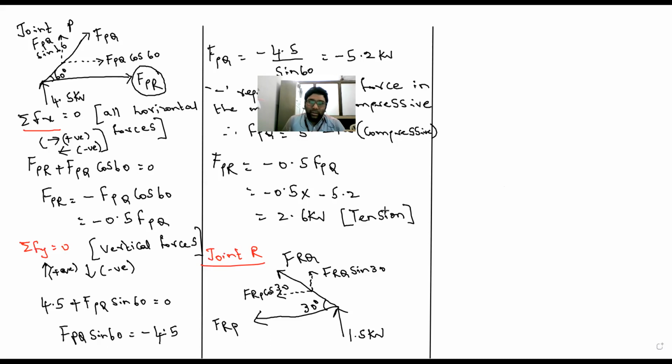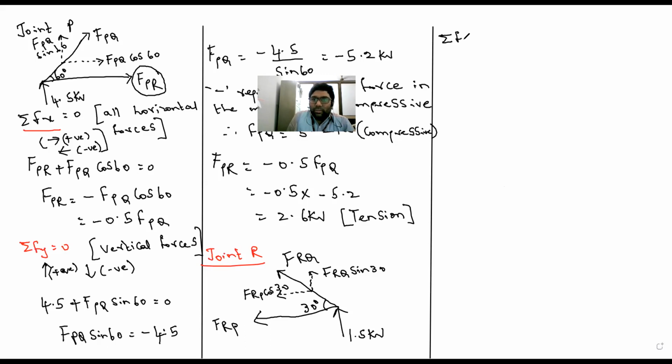So now we need to apply sigma Fy equal to 0, because we need to calculate F_RQ, which is unknown. To get F_RQ, what do we need to take, sigma Fx or sigma Fy? Sigma Fy only.